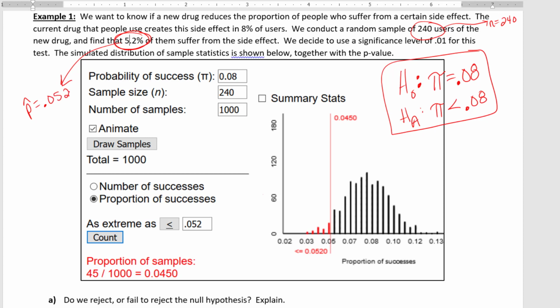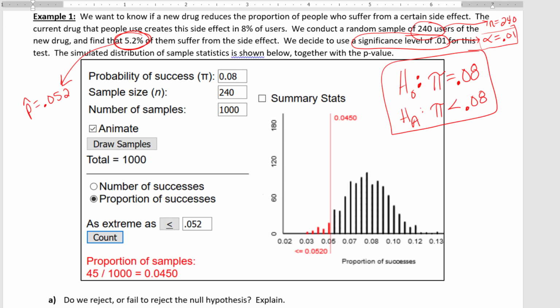We're deciding to use a significance level of 0.01. So that's our new vocabulary word. Alpha is 0.01. The significance level is 0.01. That's telling us you have to have a p-value smaller than 0.01 to reject the null hypothesis.